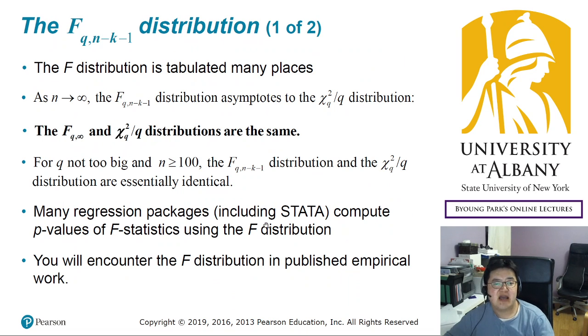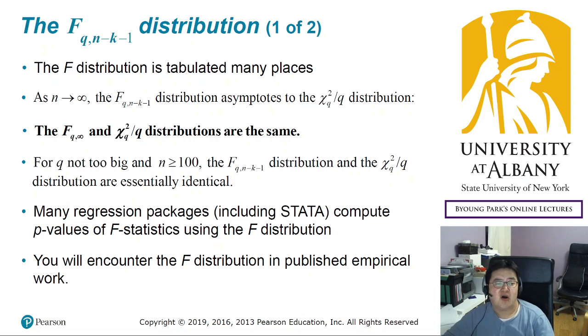These days the consensus is that the chi-square approach is more plausible, the approximation error is pretty small, and it is much easier to calculate. Also, as the sample size goes to infinity, the F distribution converges to the chi-square distribution.